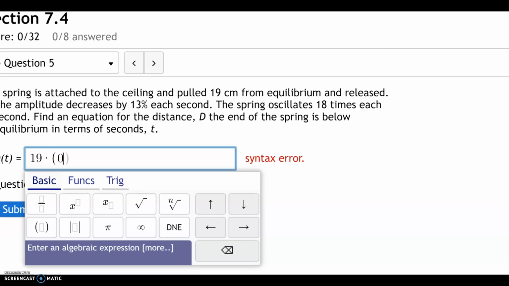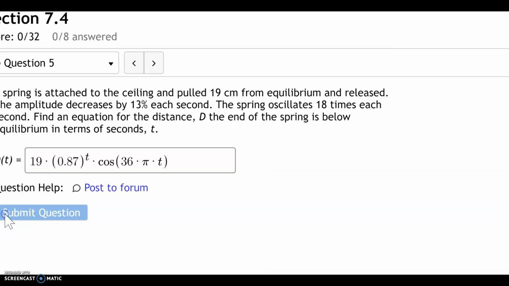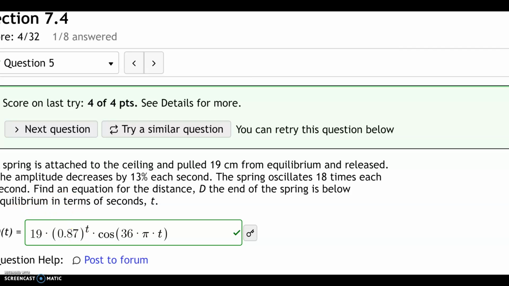You can use parentheses, you can leave the parentheses out actually. And then the exponent to the t power, and then times cosine, and then it was 36 times pi times t. Closing parentheses. Okay, let's submit. Okay, we got it right. All right, that's it.